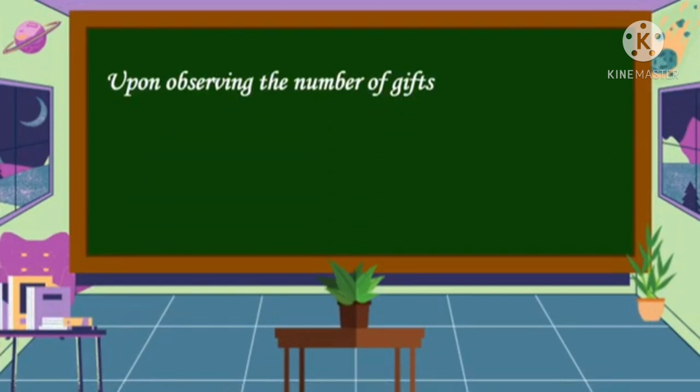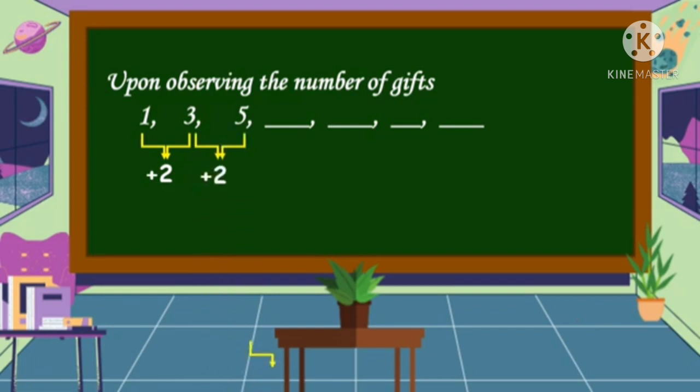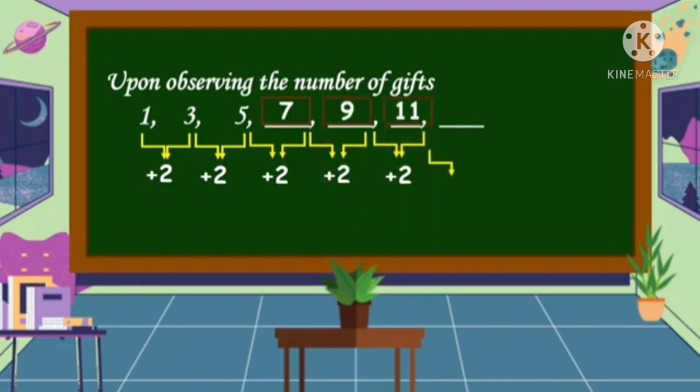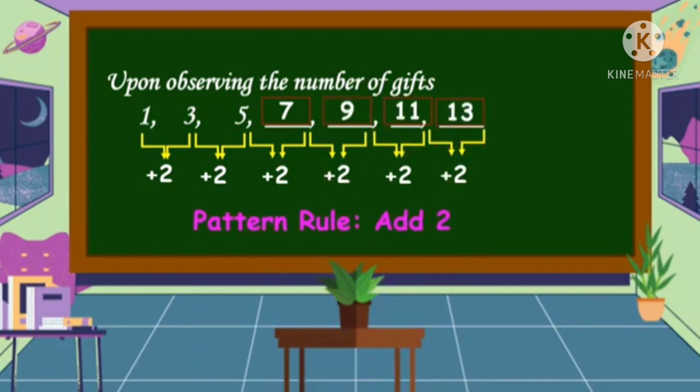Upon observing the number of gifts, 1, 3, 5, and so on, the pattern is we're going to add 2 to the preceding number. So 1 plus 2 is equal to 3, 3 plus 2 is equal to 5, 5 plus 2 is equal to 7, 7 plus 2 is equal to 9, 9 plus 2 is equal to 11, 11 plus 2 is equal to 13.